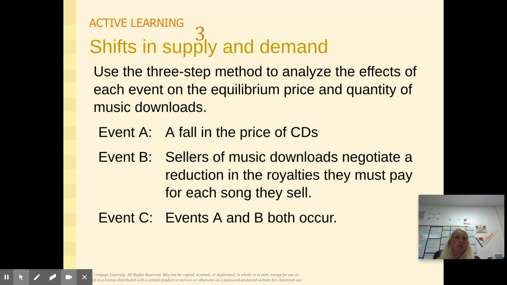So use the 3-step process I just told you to analyze the effects of each event on the equilibrium price and quantity of music downloads. So you're going to draw the market for music downloads. All you're doing is drawing a simple supply demand graph, just like this. You're going to start out like this. And make sure you label everything. Label the supply curve, label the demand curve, label the market equilibrium Q1 and P1.